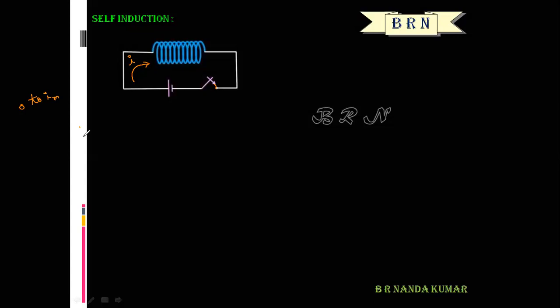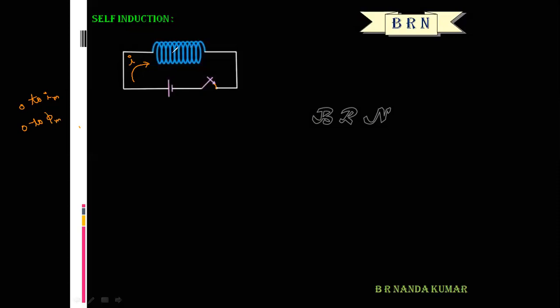Okay. So when the current flowing through the coil gradually increases, the magnetic flux linked with the coil also gradually increases from 0 to maximum. So this is the maximum magnetic flux linked with the coil. Whenever the magnetic flux linked with the coil changes, what happens?